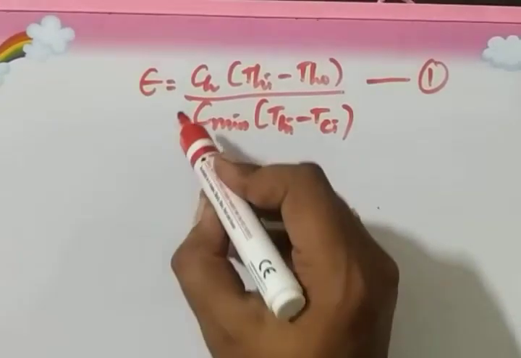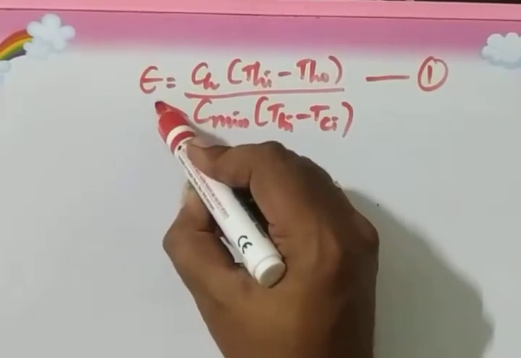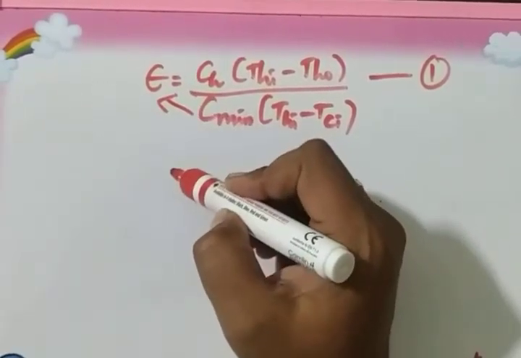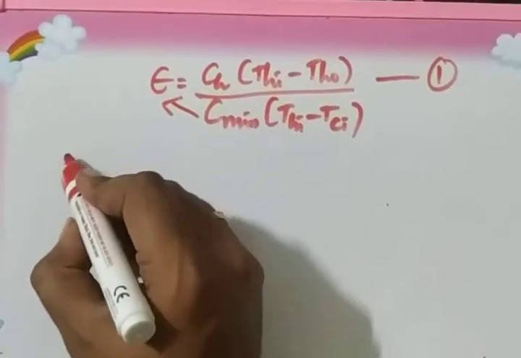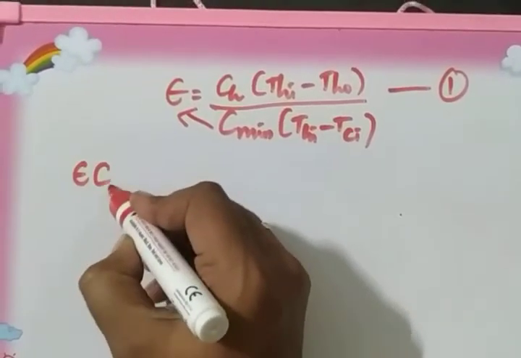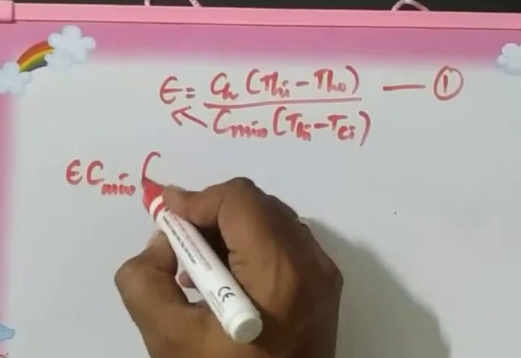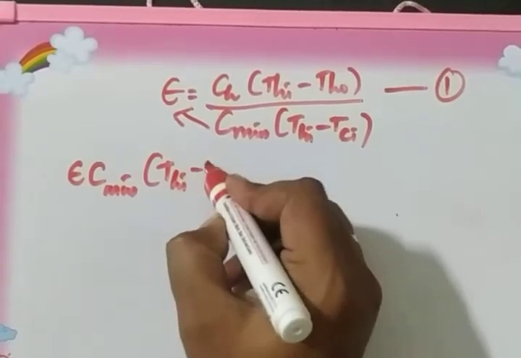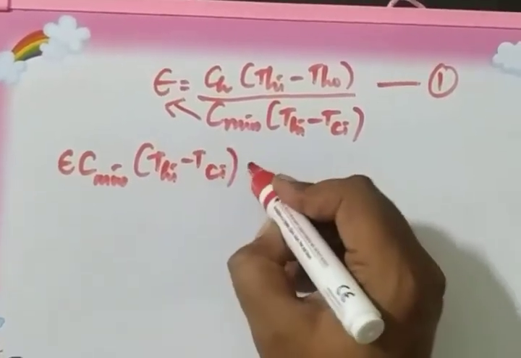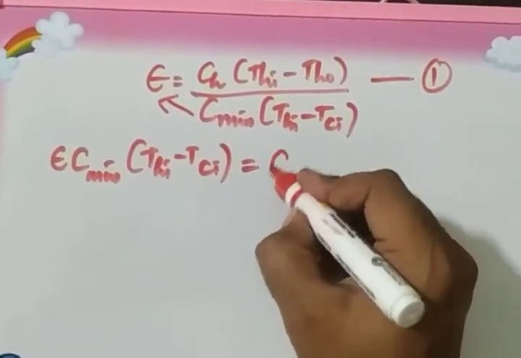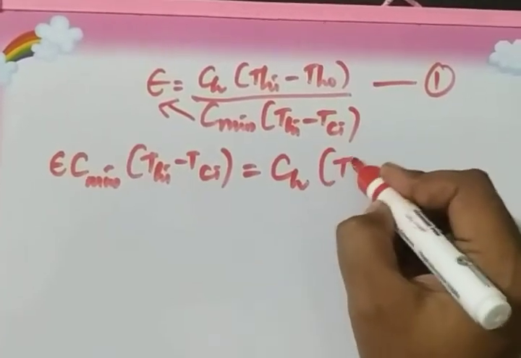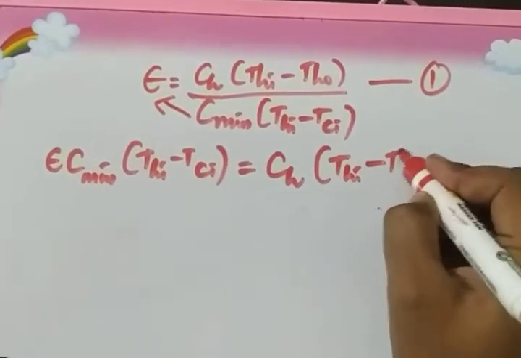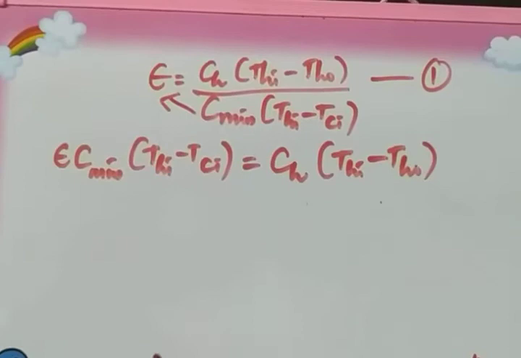Now how can it be done? I'll bring this denominator to the other side like this. So we are going to get effectiveness into Cmin, multiplied by THI minus TCI, that should be equal to CH into THI minus THO.